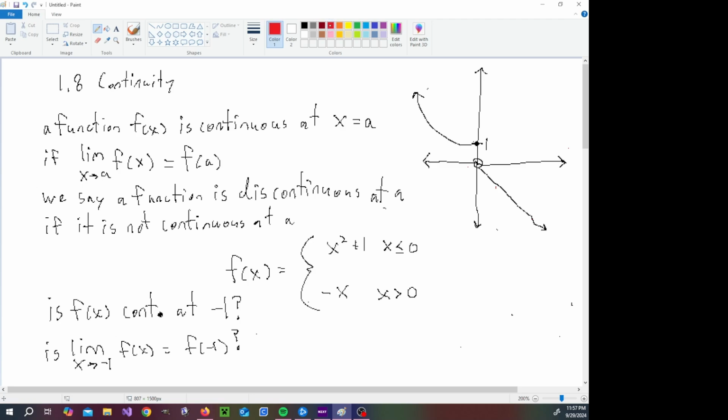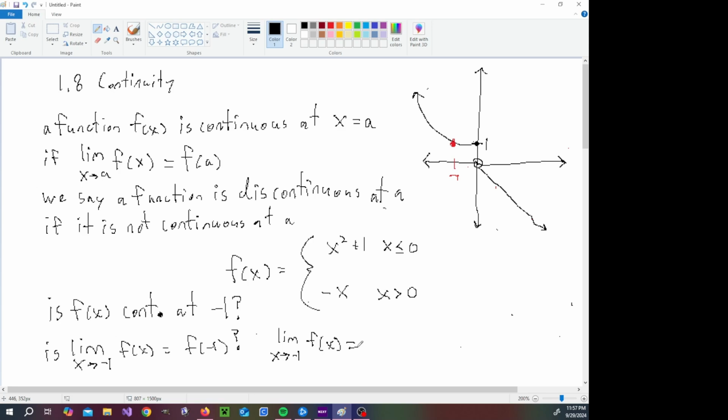Well, that value negative 1, if it's here, we see it's right here, right? So we can see this limit graphically.